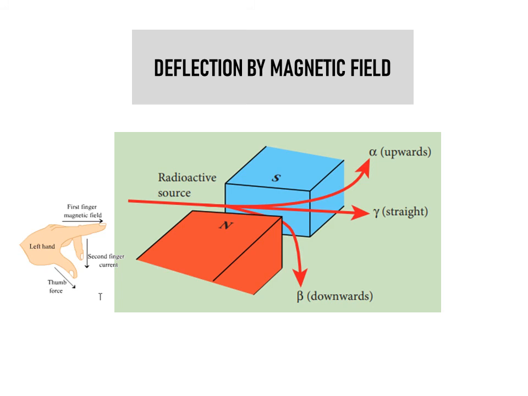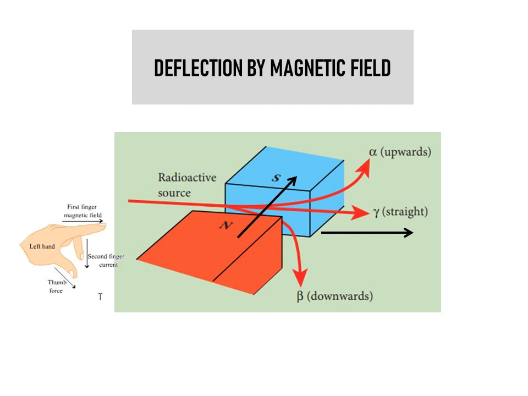From the diagram, we have the magnetic field going from north to south in that way. The positive charge is going that way. So by using Fleming's left-hand rule, the movement is upward. So the alpha particle travels upwards.